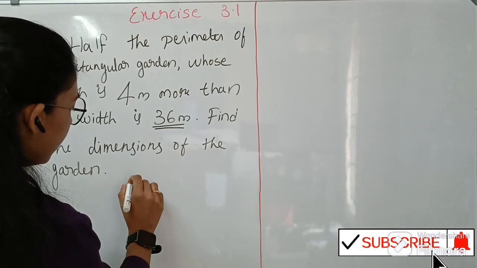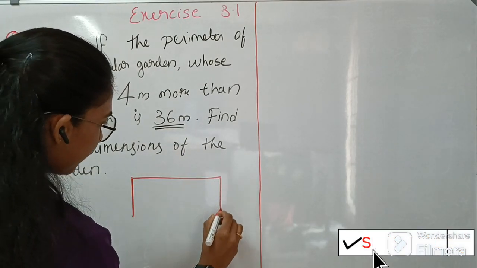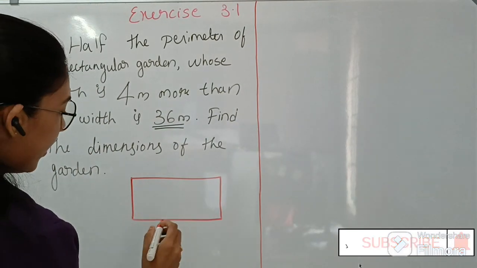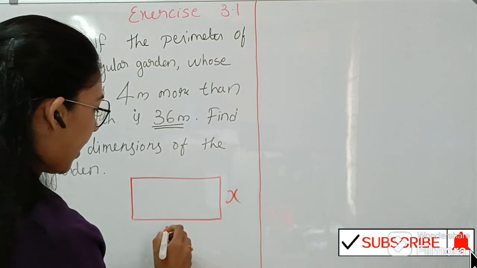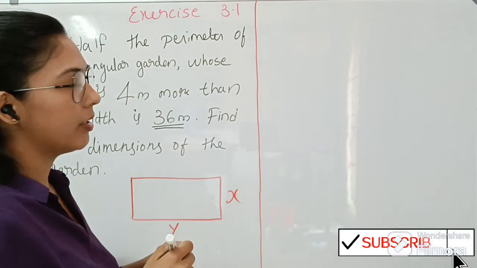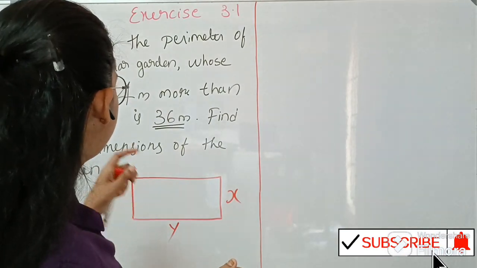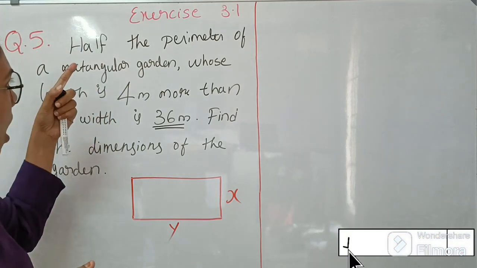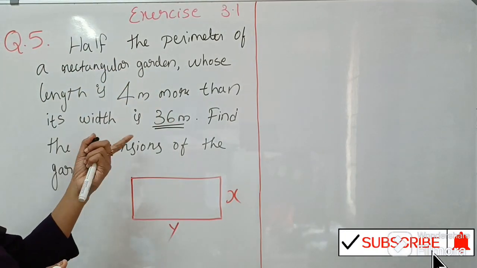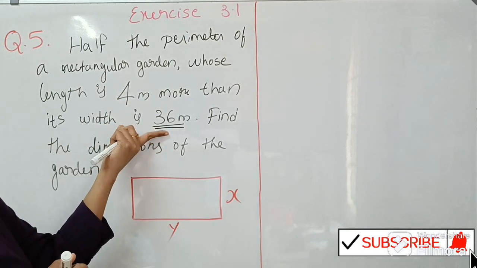So, given a garden, this is a rectangular garden. Let the width of the garden be x and the length of the garden be y. Okay, there are so many hints, right? So the first one is half the perimeter of the rectangular garden is 36 meter.